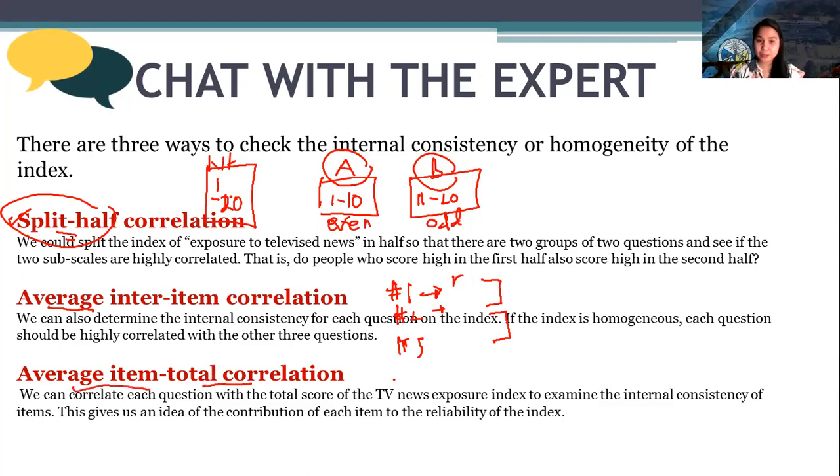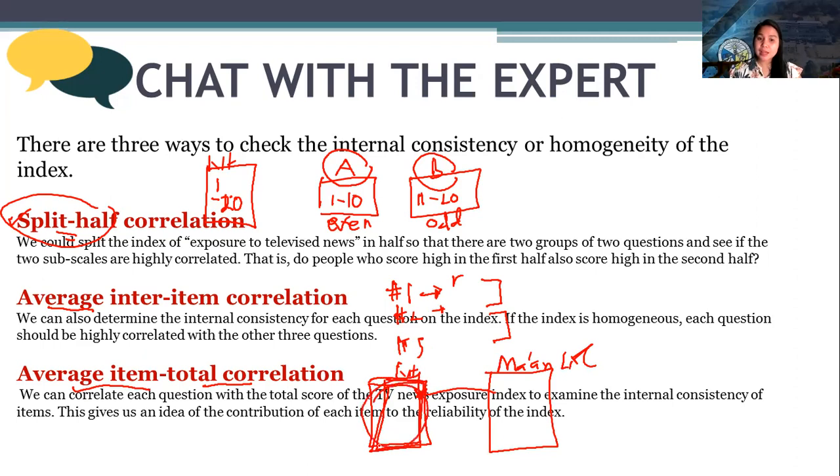For example, this is my instrument. This is the instrument of Ma'am Lil, and I copied her instrument. Then my students took the test with the same instrument.